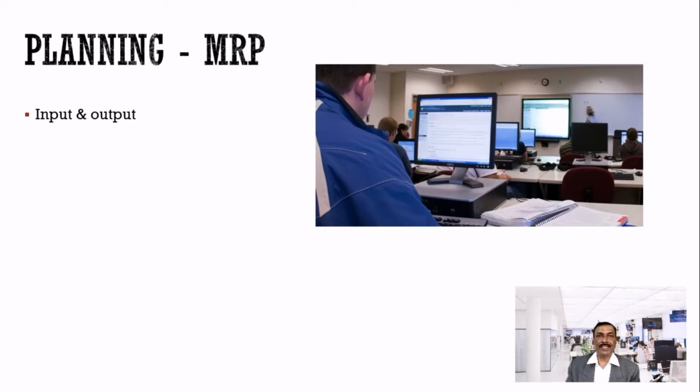Then it says we need to order this quantity at this time and it should come in this period. If we have already set who the vendors are for this component, then it directly releases the schedule to those vendors. More or less it follows electronic media, no printing is done, everything happens online.